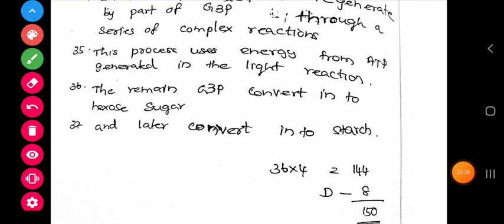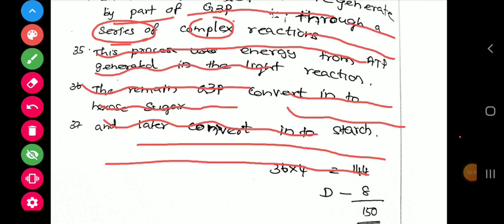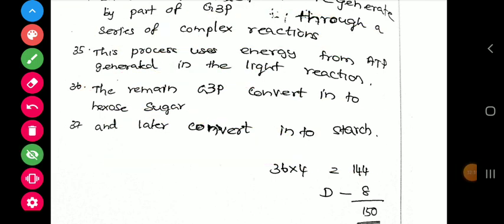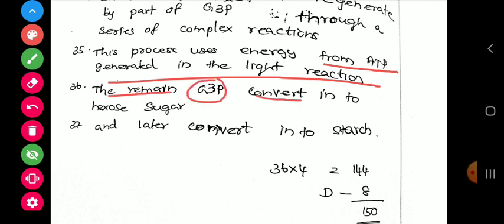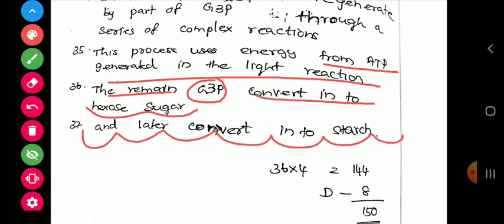We saw that. The remaining G3P is converted into hexose sugar and later converted into starch.